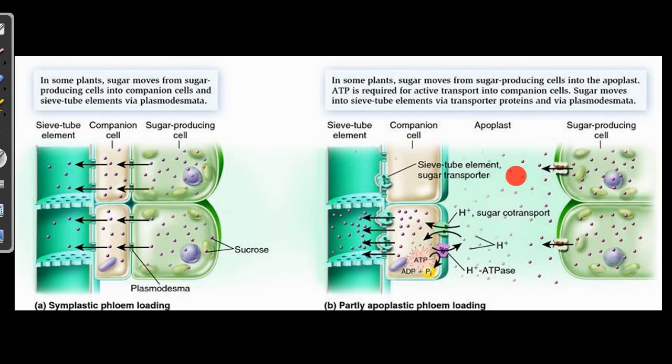So whenever the sugar is moving through the apoplast, at that time this active loading needs to take place. If it is taking the symplastic pathway, it can easily move down through the plasmodesmata. But when it is moving through the cell wall, the apoplastic pathway, it needs to be done through active loading. There is the requirement of the H plus proton pump. Generally, apoplastic phloem loading is seen in most plants.